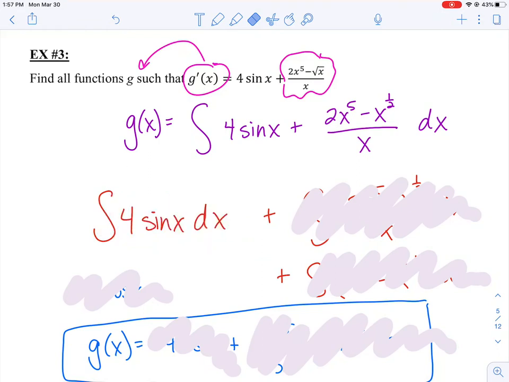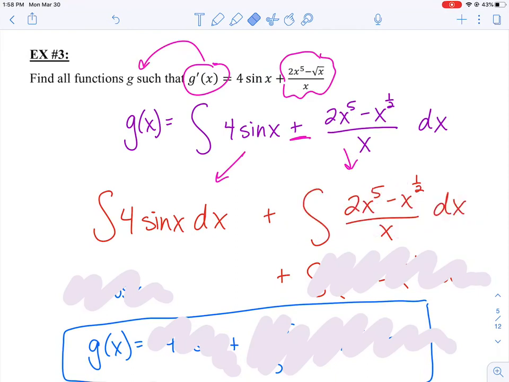So now I have the problem that says I want to integrate 4 sine of x dx, and if they're separated by plus or minus signs, I should be able to do this piece first and this piece second, and then just put them together. As long as it's just a plus or minus sign, I should be able to separate them. So in my second piece, I still have to rewrite it so that it's not a quotient anymore.